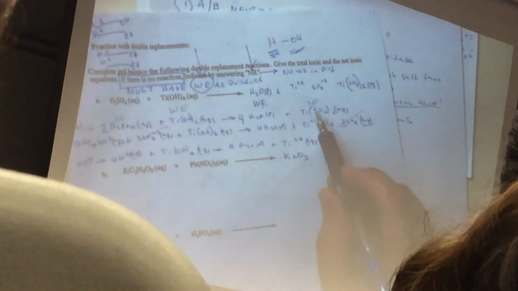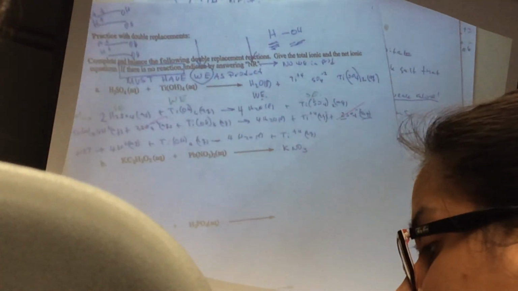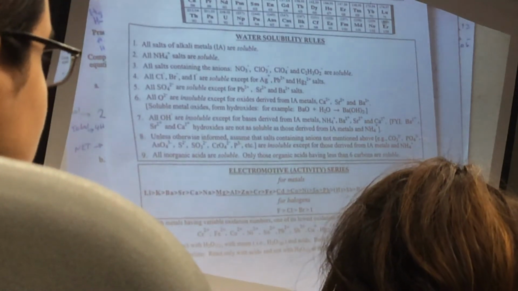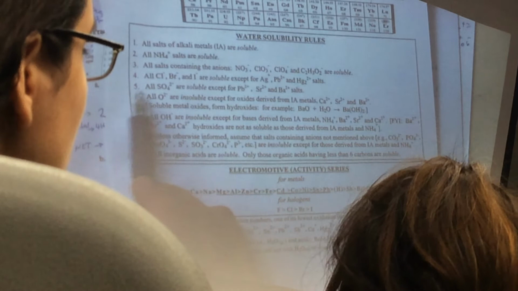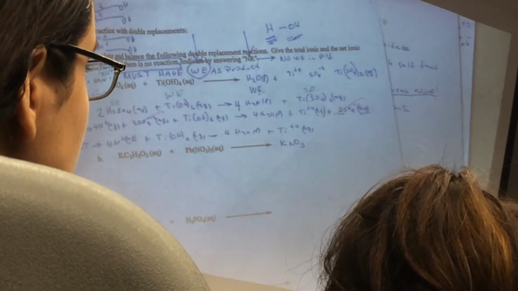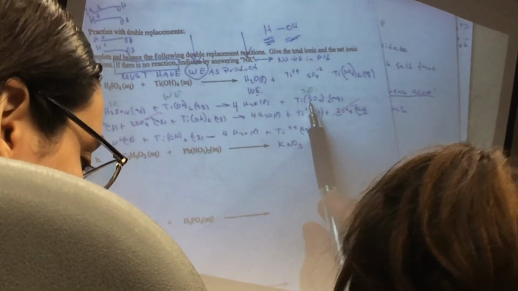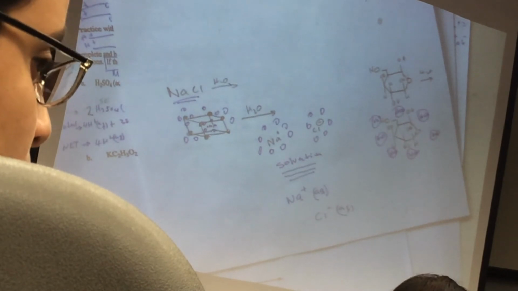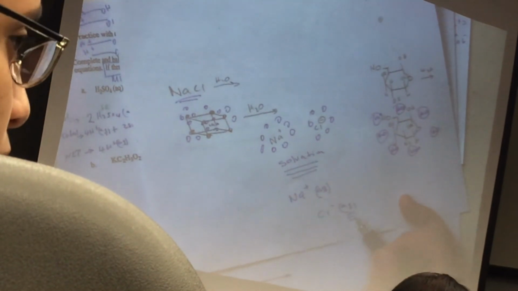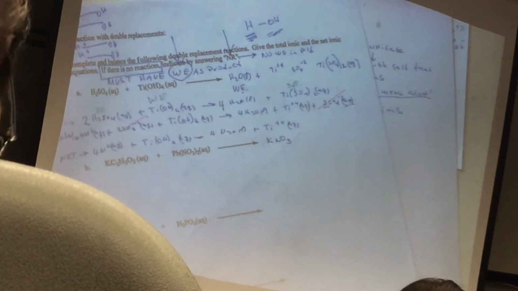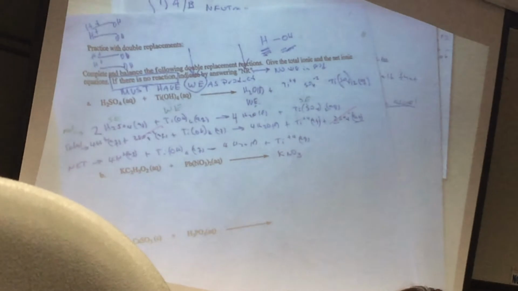Having determined that this was a strong electrolyte, according to item number 5 in the solubility rules, I immediately classified this as a soluble salt. That means this procedure is in effect at all times. And therefore, these are aqueous ions floating around a beaker. That's why it has to be aq, because it's the product of a strong electrolyte ionization.